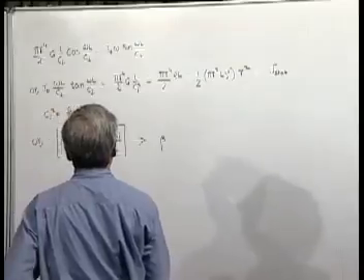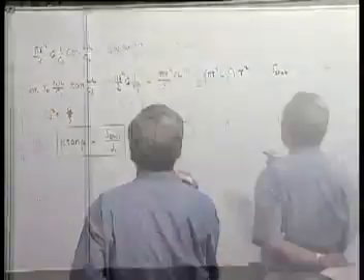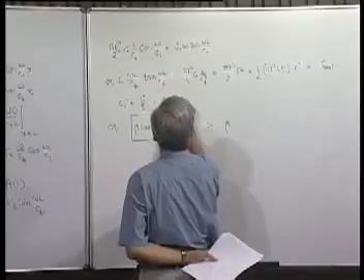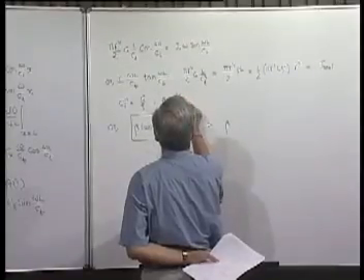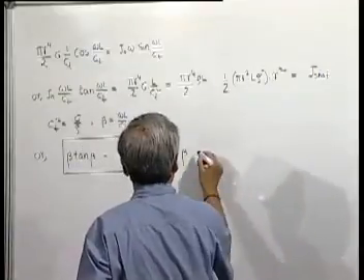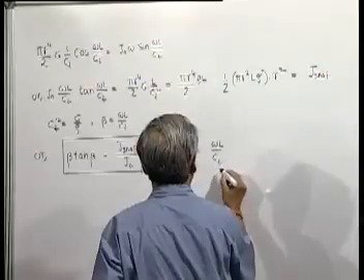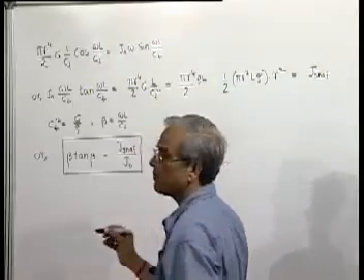Once we know beta, we have used beta equal to omega L by C. Once we get beta, therefore, we will get infinite number of values of beta.